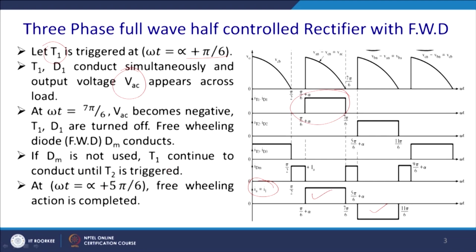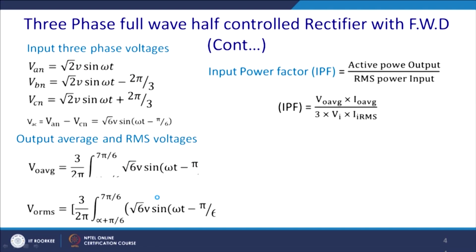If DM is not used, T1 continues to conduct until T2 is triggered, and thus you will have a negative portion in the load voltage, and this will degrade the power factor. At omega t equal to alpha plus 5 pi by 6, free wheel again takes place for T2 D2. Now, we have to have some parameters to be analyzed.